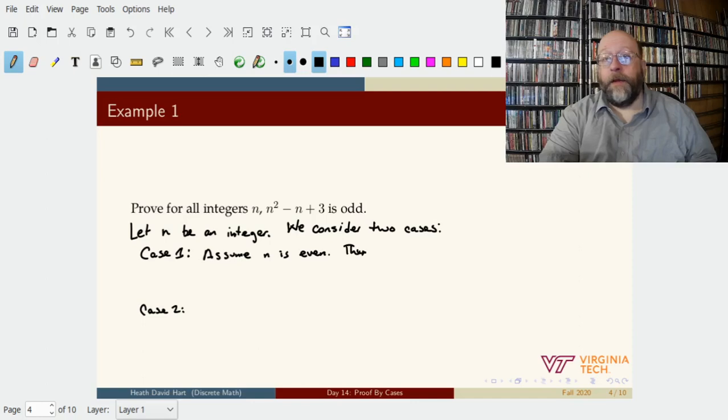Now we're going to just do a direct proof of just the even case. Then there is an integer k such that n equals 2k.